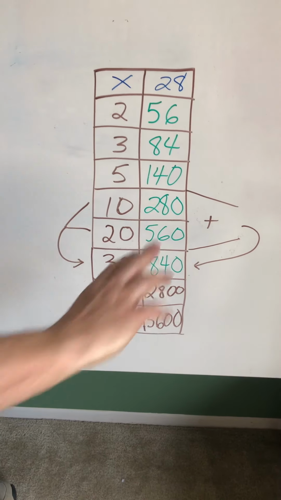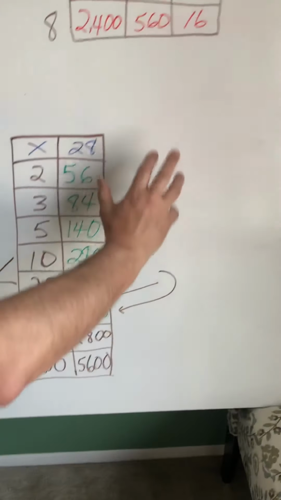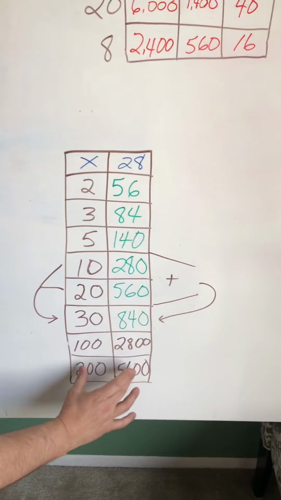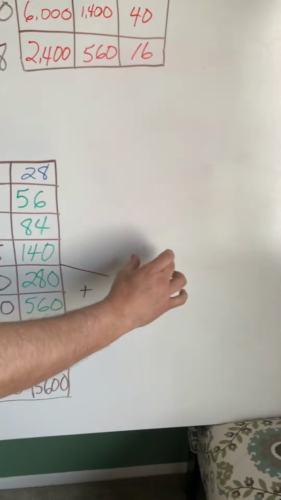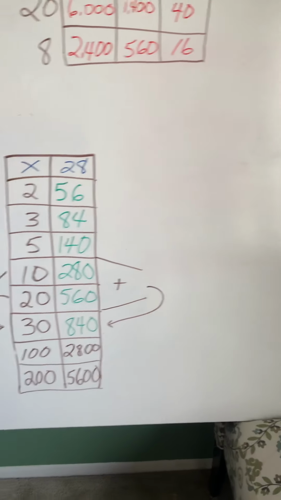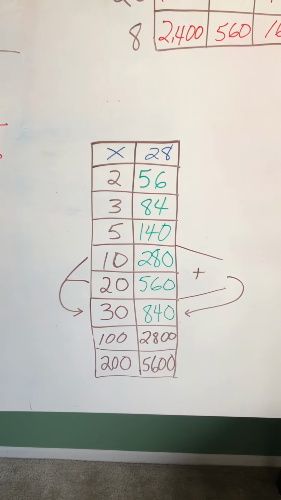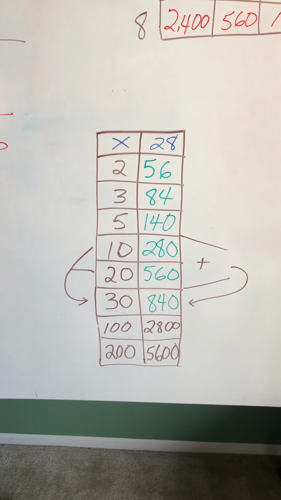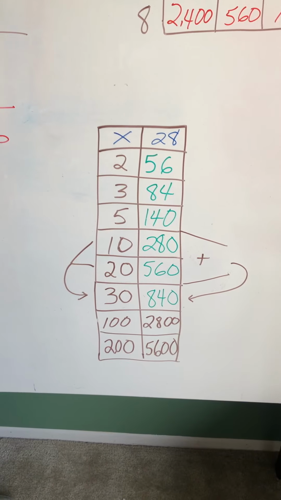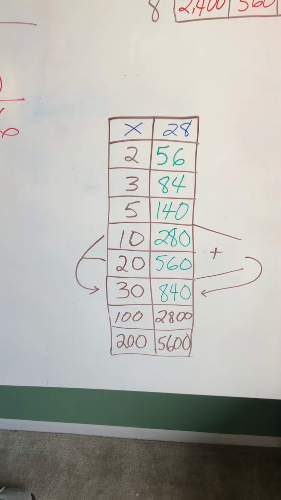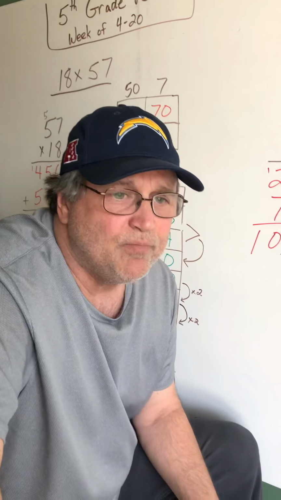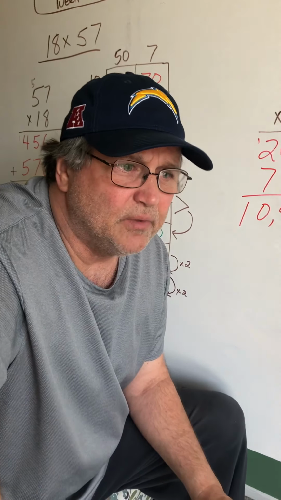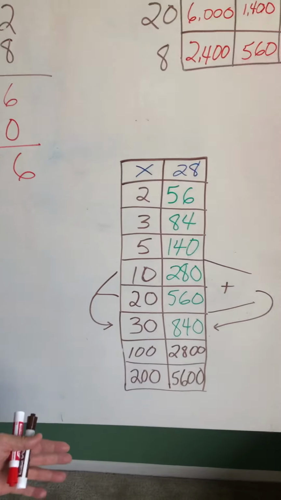Now, it's not a sin to come over on the other side of your paper and start taking some of these products and adding them up to see how close you can get to 10,416. Or if you're going to work this side to get to 372. Ratio tables are kind of cool that way. You can use them to find out the bigger numbers. And I find it quite fun.